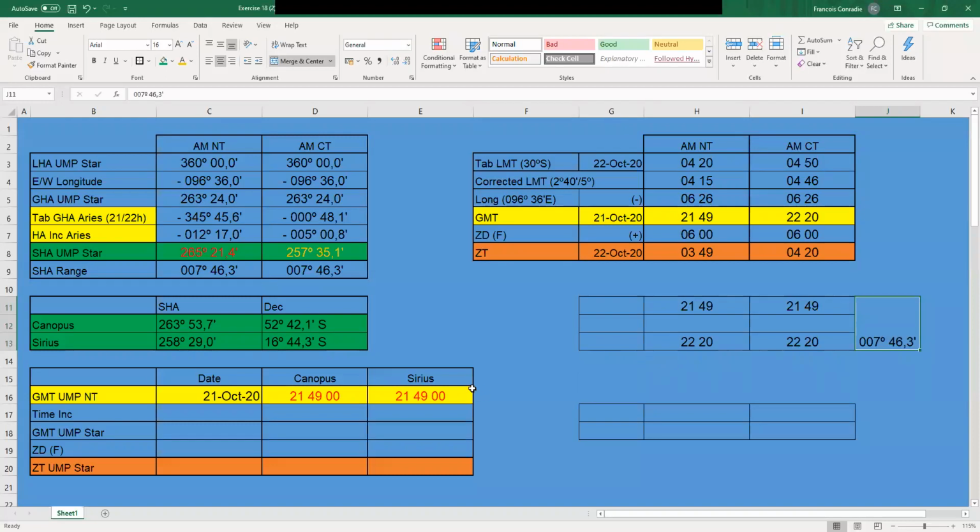Now, for our two stars, we know what the exact SHA is. So if we take this exact SHA and check the difference between this SHA and our starting SHA, we start at the 265 and go towards the SHA for Canopus. What are we going to find as a value?